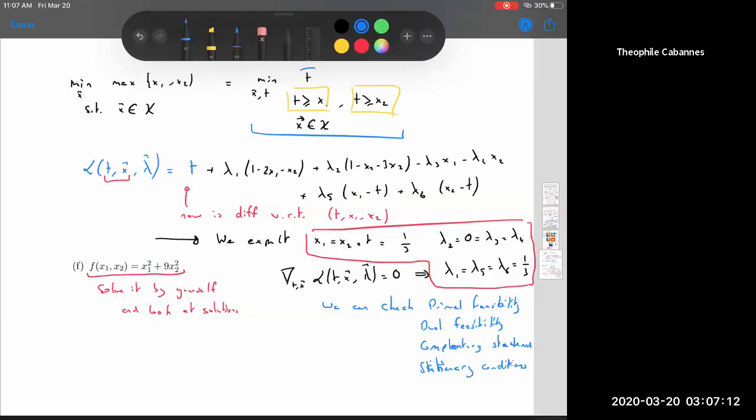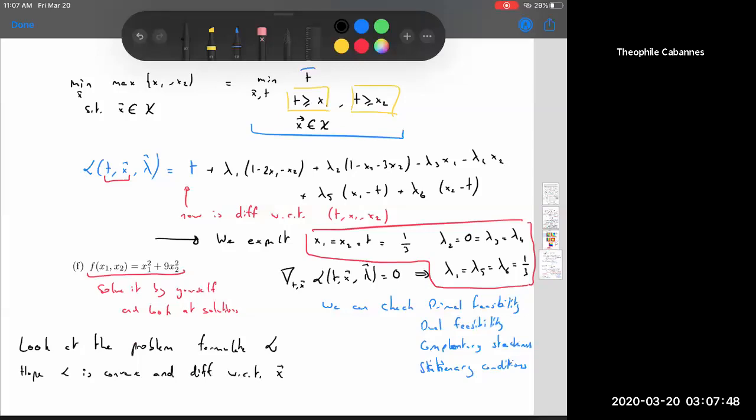So just to summarize, what you do is you look at the problem, then you formulate the Lagrangian. You hope that L is convex and differentiable with respect to x.